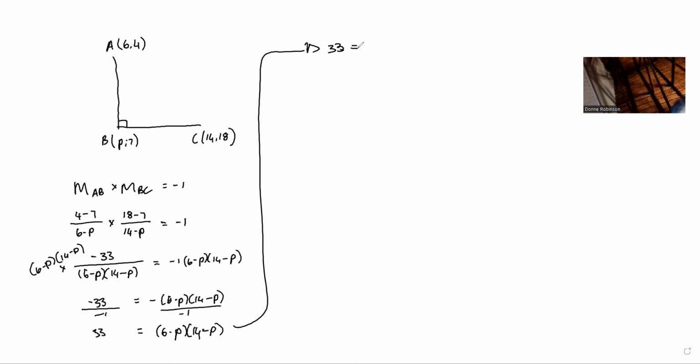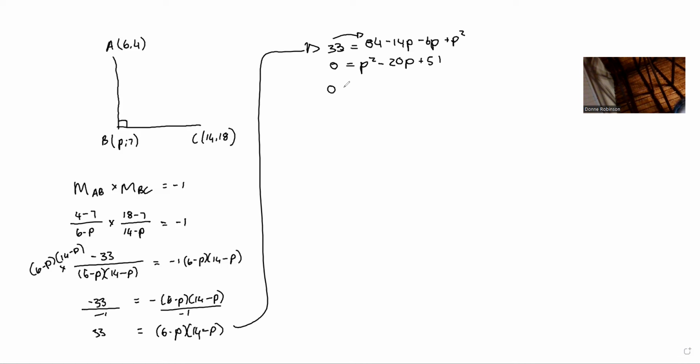14 times 6, that's going to give us 84, minus 14p minus 6p plus p squared. We can bring the 33 over, and then that would give us p squared minus 20p plus 51.